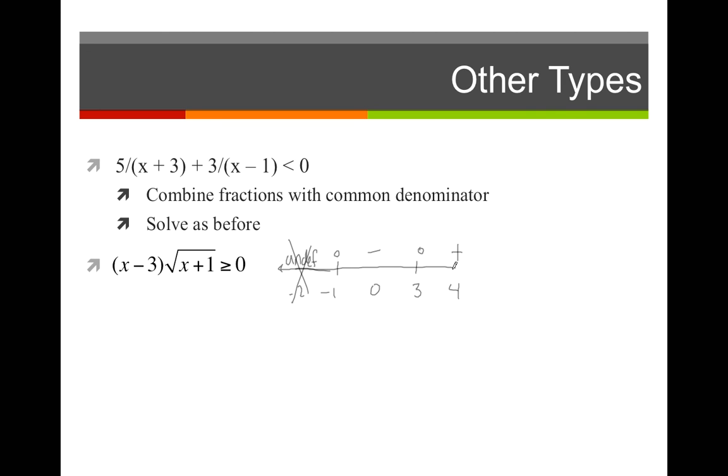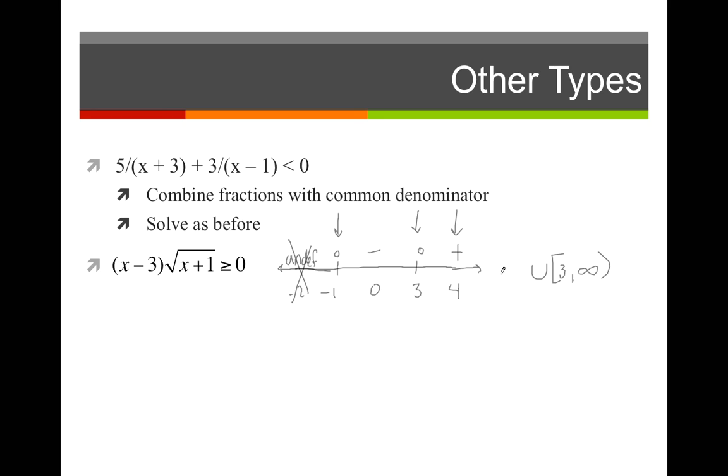And now look at this answer here. This is looking for greater than or equal to 0, which means I want this. And I want this, and I want this. I want the -1 because it equals 0. So we're used to writing the 3 to infinity. That's okay, but what are we going to connect it to?